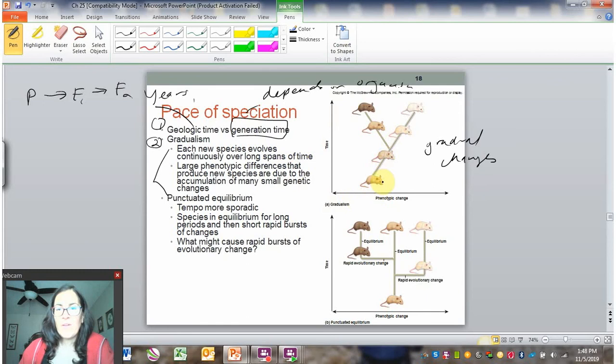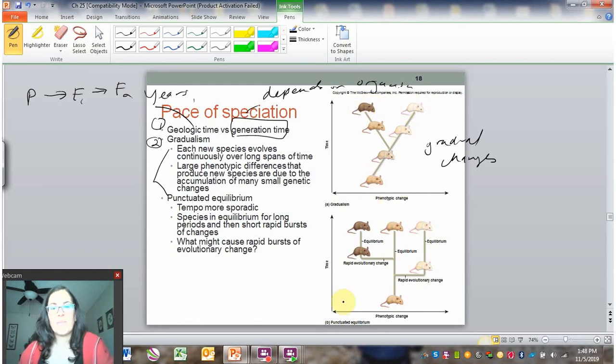So instead of going from light brown to white all at once, the mouse is evolving and accumulating small genetic changes that eventually produce the white mouse. So first it's a lighter mouse, then an even lighter mouse, then finally the white mouse. Or the other direction is it's going to become a slightly darker mouse, and then eventually a very dark mouse. So accumulating lots of little genetic changes that eventually cause big differences.